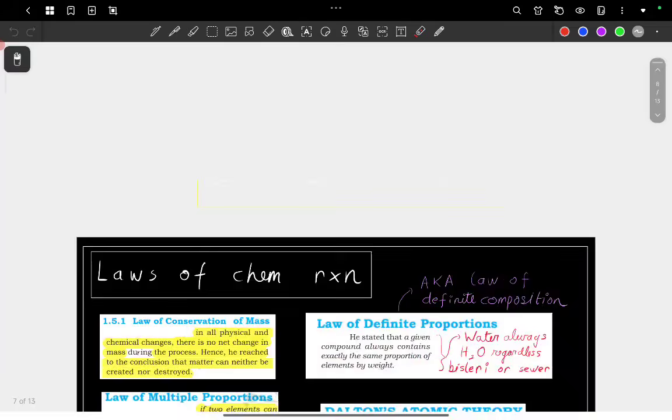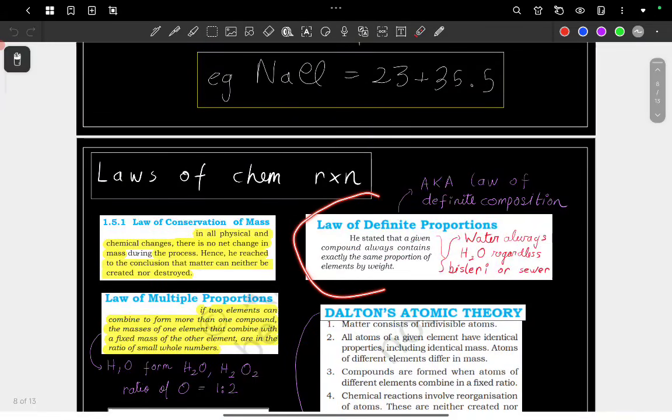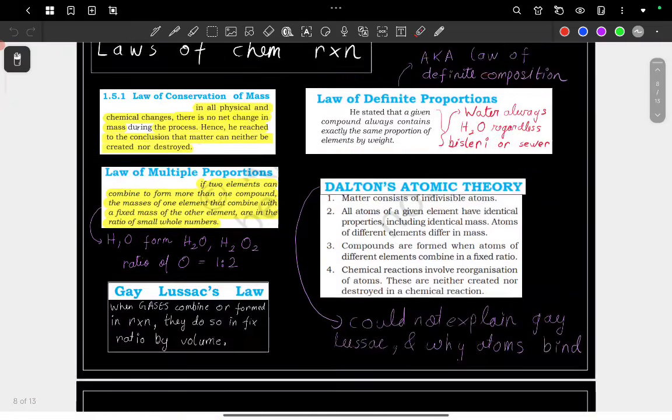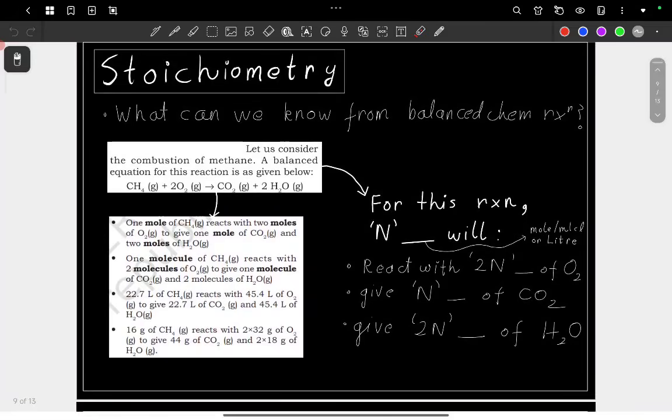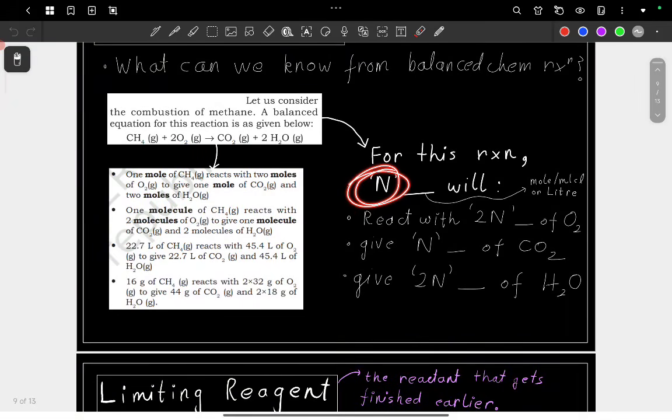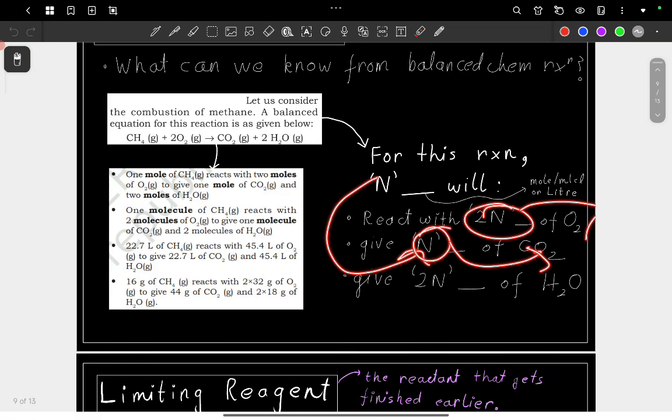This is similar to the law of definite proportions: the composition of a substance never changes, and the overall pathway, or the balanced chemical reaction, is never going to change. The n number of methane is going to react with 2n number of O2 and give n number of CO2 and give 2n number of H2O.